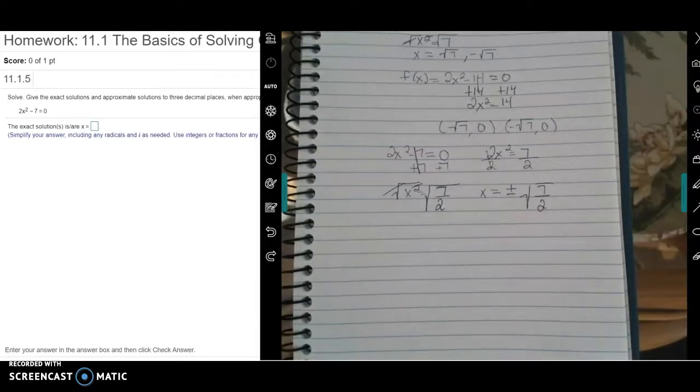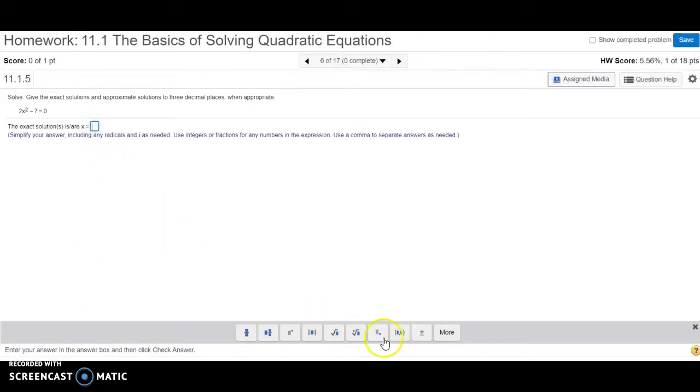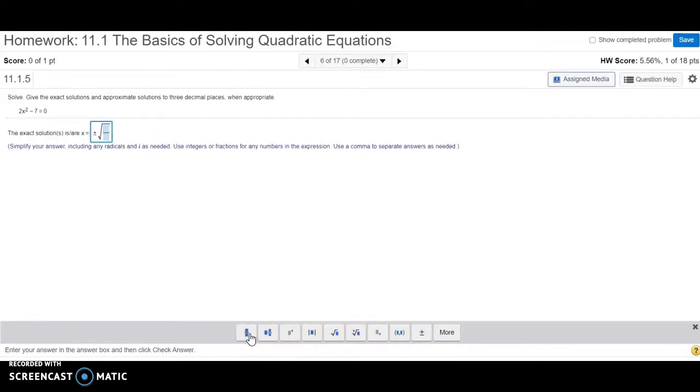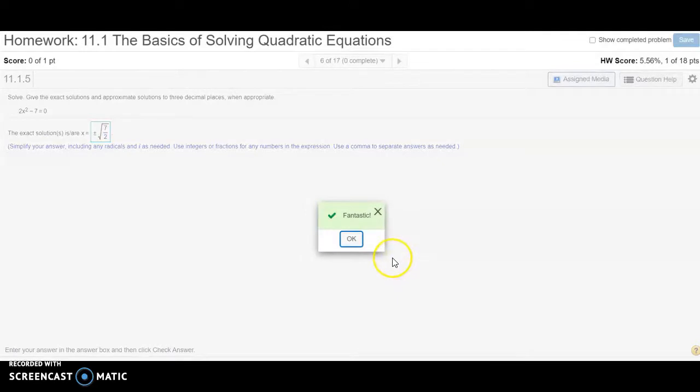This is what's called the exact solutions. All right, those are your exact solutions.